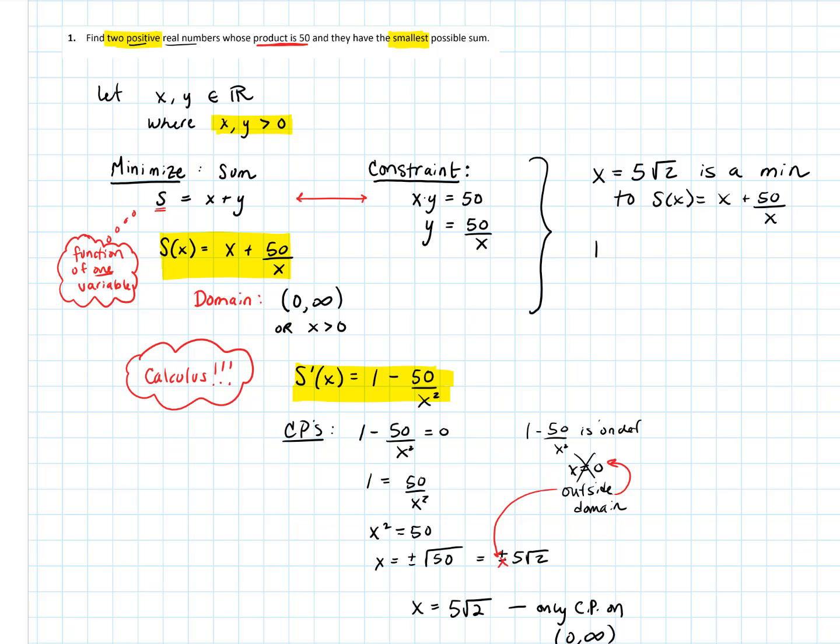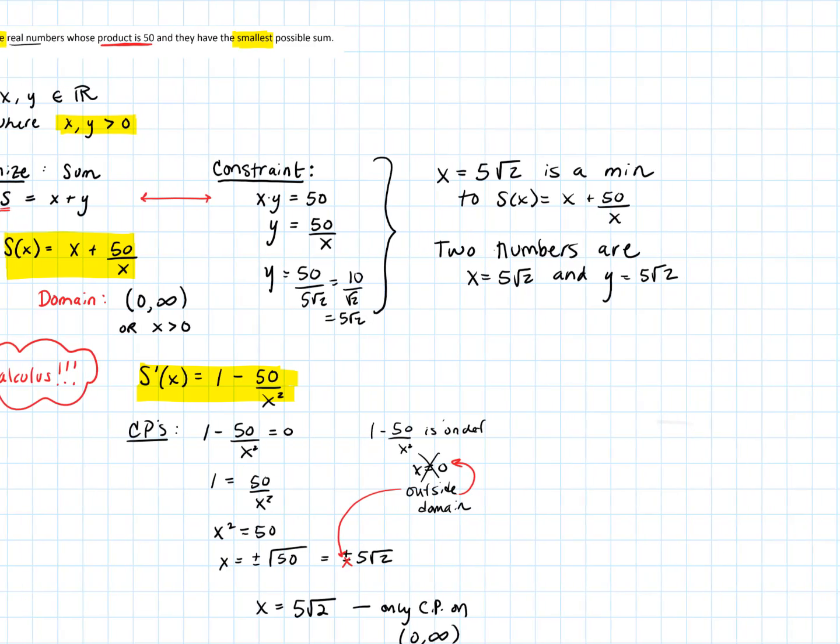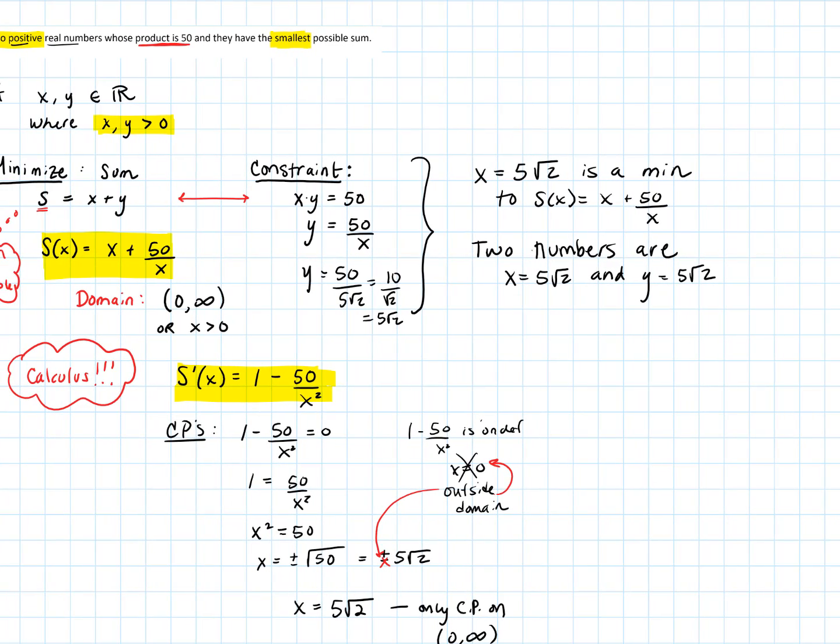And y, so the two numbers are x equals 5 root 2 and, well, we could find y, 50 over 5 root 2. Just plug that in, and we'd get 25. Oops, not 25, 10 over root 2, which would also be 5 root 2. Notice those numbers are the same. So the two numbers are 5 root 2 and 5 root 2.